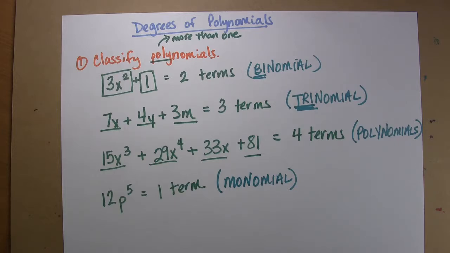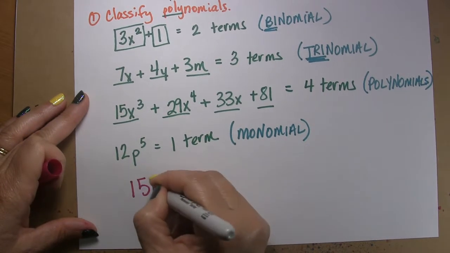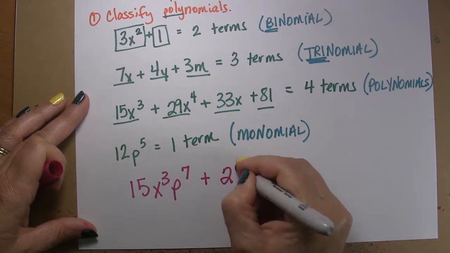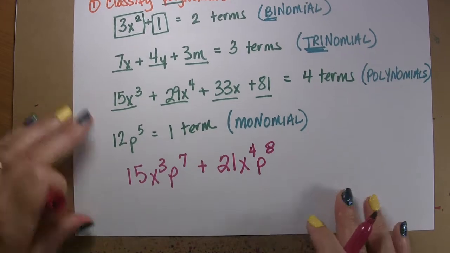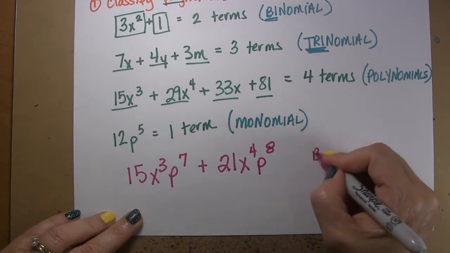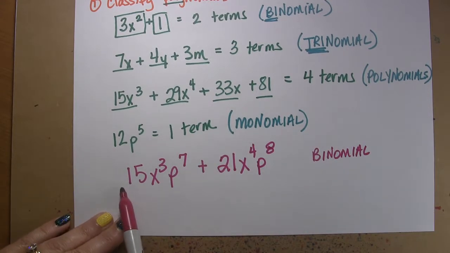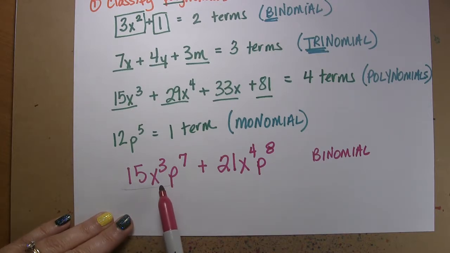All right, now I would like to point something out before we move on to the next thing. Let's say that we have this polynomial. We have 15x to the third, p to the 7th, plus 21x to the 4th, p to the 8th. This is a binomial. And so notice that it doesn't matter how many variables are in each term for it to be a term.